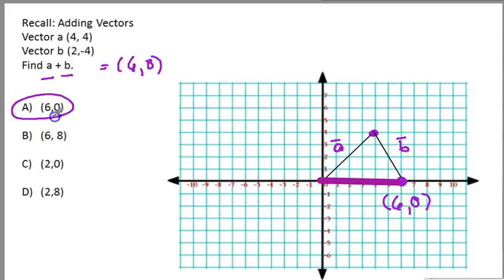Now remember, there is an easier way of doing that than by drawing the vectors. When the vectors are in component form, XY form, all you need to do to add the vectors is add the X coordinates and add the Y coordinates.